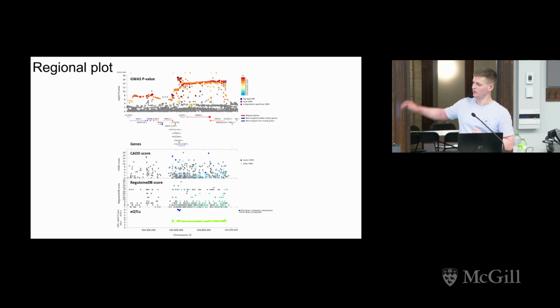And you can see below the genes that have been mapped, and those are in red, and then all the other genes that are not mapped or non-coding are in blue and black. And then below that is a separate graph, but it's linked so that all the variants are in line with each other. They're the same variants, and you can see the CADD score annotation, the RegulomeDB score, and the EQTL p-values for every one of those candidate SNPs.